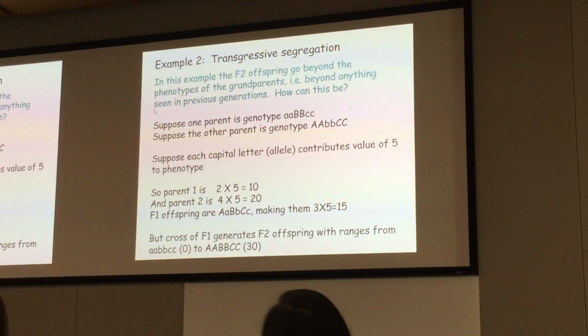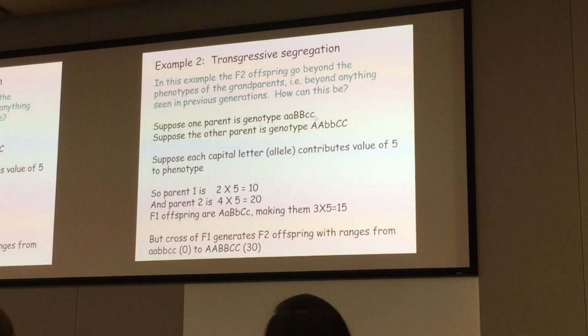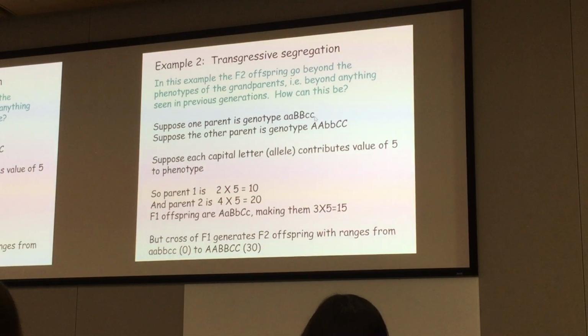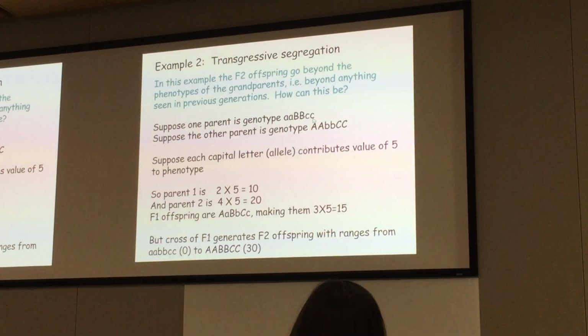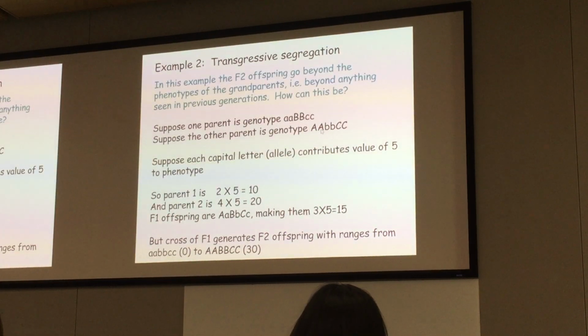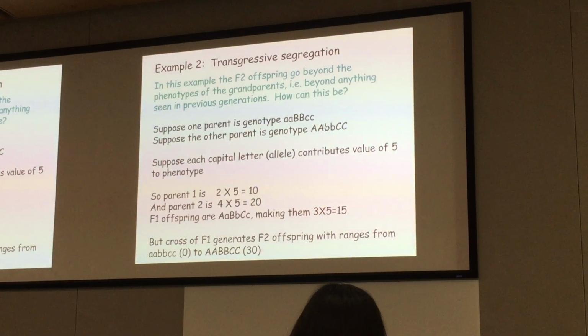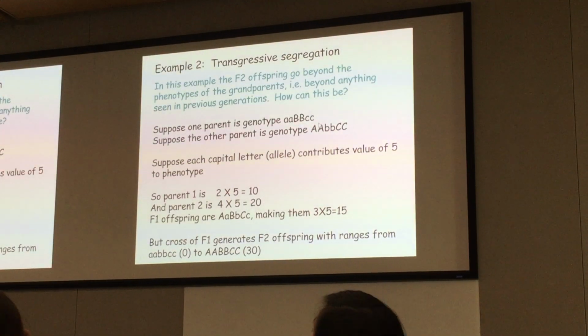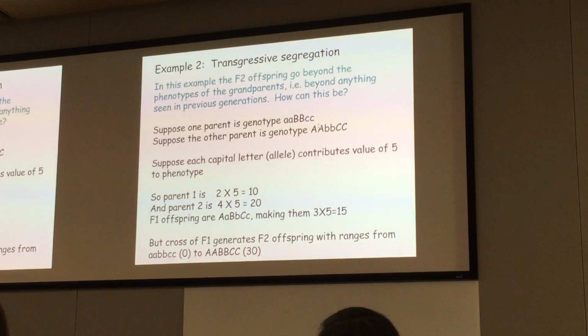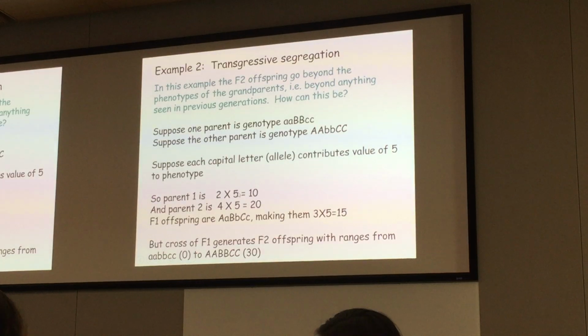Let's suppose that one of the parents is true breeding, small a, big B, small c. So 2 capital letter alleles contributing to some phenotype. And let's suppose the other parent is big A, small b, big C. 4 capital letter alleles contributing to some phenotype. We could assign some value for each of these capital letter alleles, like 5 for whatever measurement it is, right?